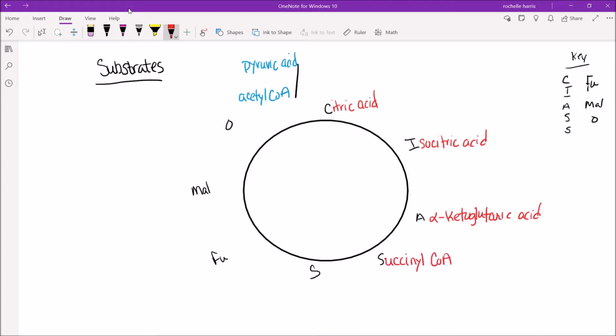Our second S is succinic acid. Fu is fumaric acid. Mal is malic acid. And our O is oxaloacetic acid. And those are our substrates.